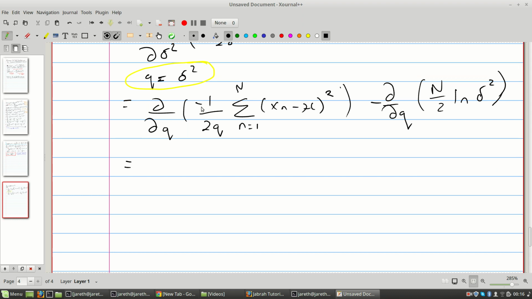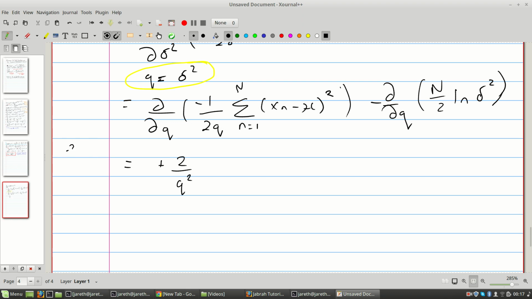So having done that, let's first take this derivative. What would be the result of taking this derivative? With respect to q, we have minus 1 over 2q, so the minus 1 becomes plus, and we get 2 over q squared for this term, because the minus 1 times the 2 over here gives us that.